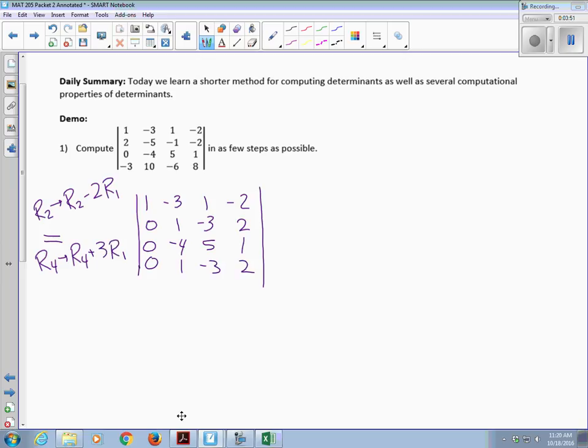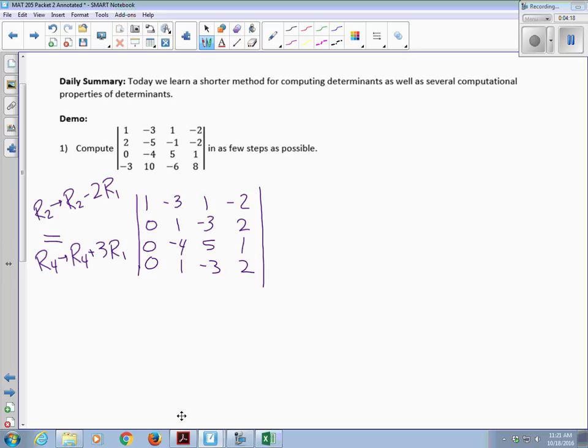And because all I've done here is row replacement, replacing a row with itself plus a multiple of another row, determinant doesn't change. If I swap two rows, the determinant changes sign. If I multiply a whole row by a constant, the determinant changes by that same constant. All right, now what do I got to work on? Now I got to work on the second column. I need everything under the 1 to be a 0.